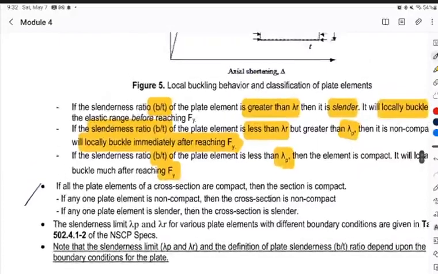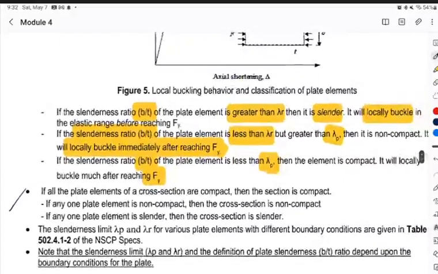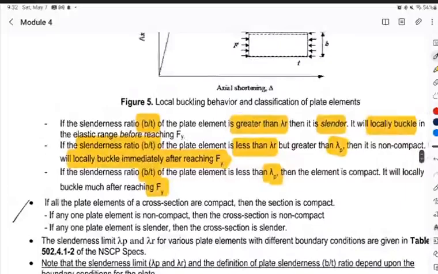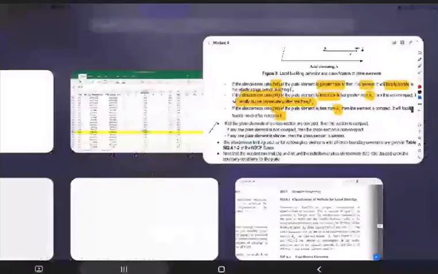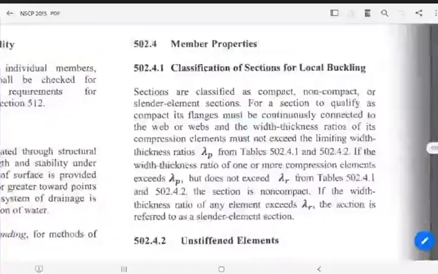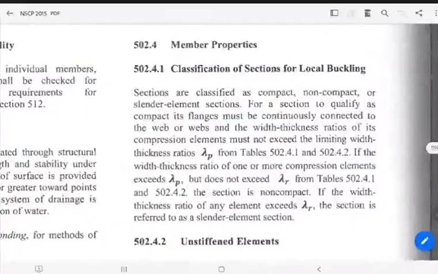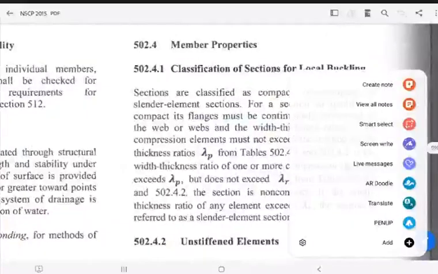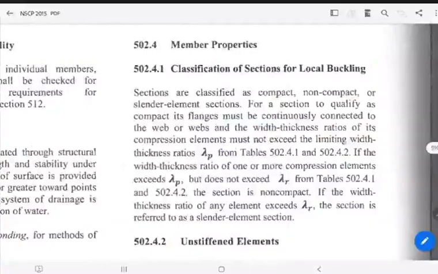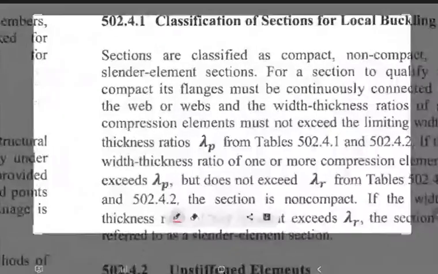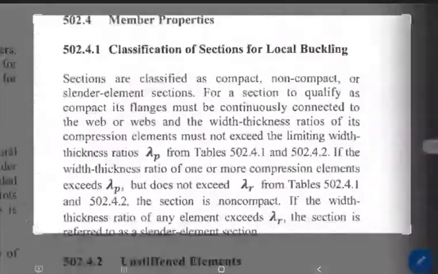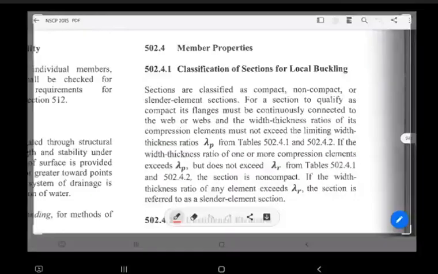Paano ba natin yun maano? Okay, instead of using this statement, let me highlight this. All right. So here, if b over t, ito din yung specification.